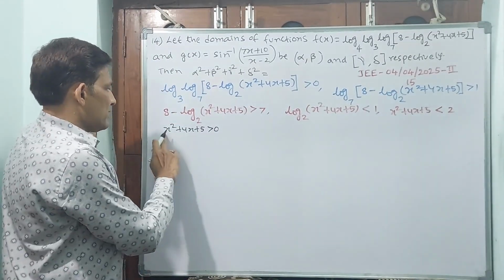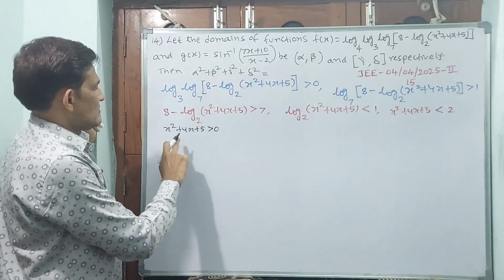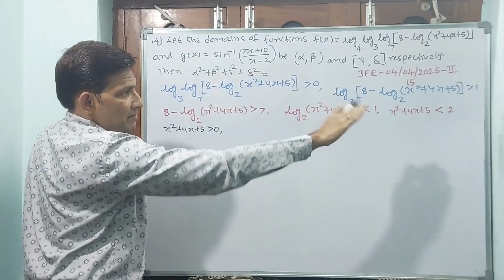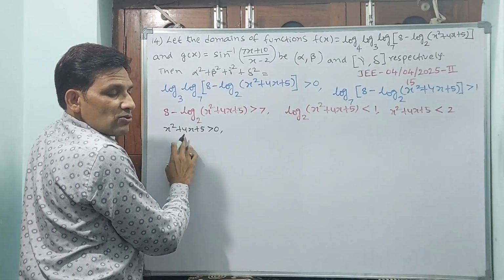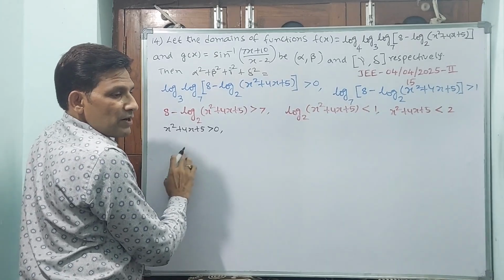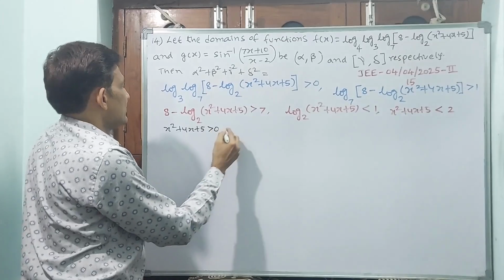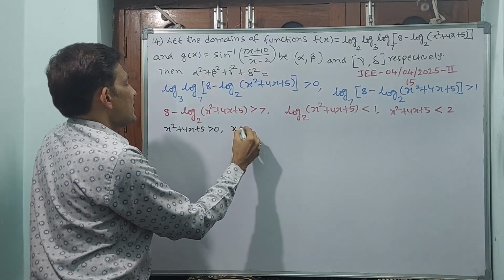First of all, I take this one, because that I will keep aside first. Let us see this. 5 has to come, 4 has to come. 5 into 1, 5. No, not for this. I think here x is not a real number. Why?